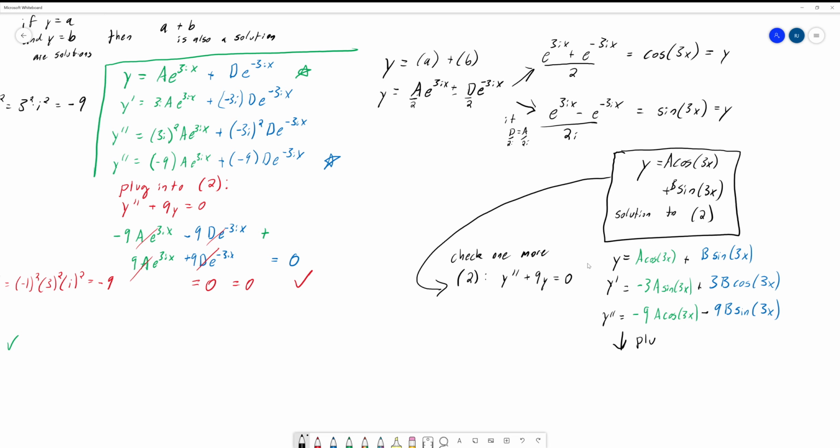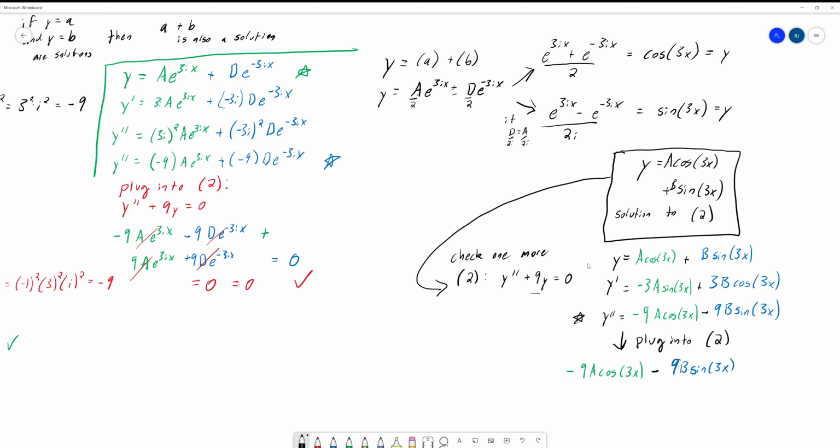Alright, and now let's plug it into equation 2. And we're going to get y double prime, which is this equation here. So that's going to be minus 9a cosine of 3x minus 9b sine of 3x. And the second part of the differential equation is plus 9y.